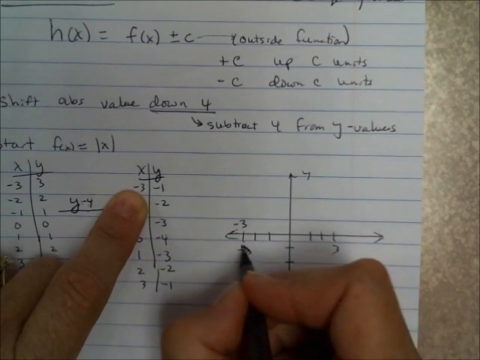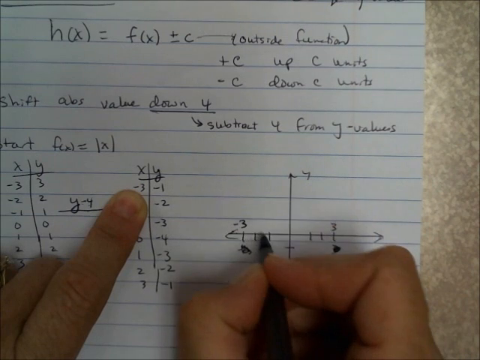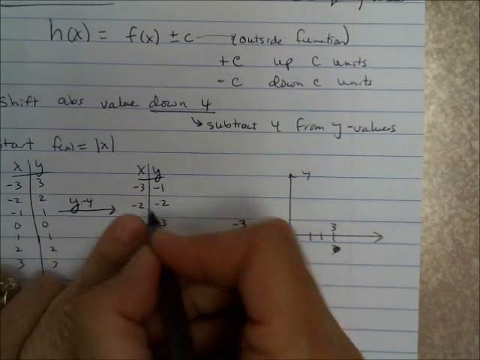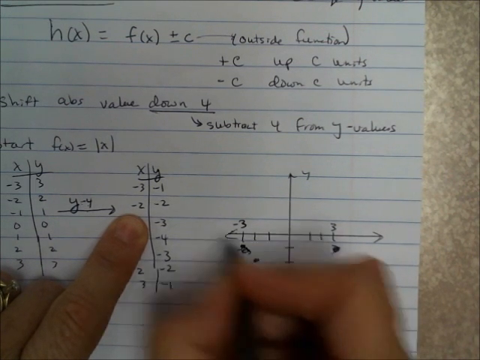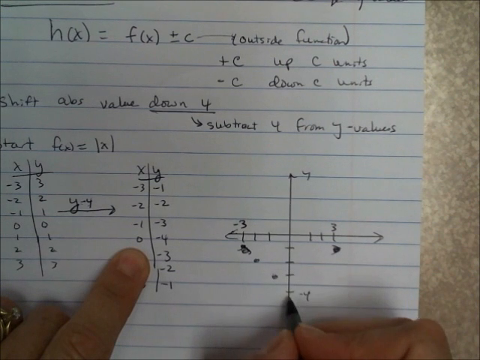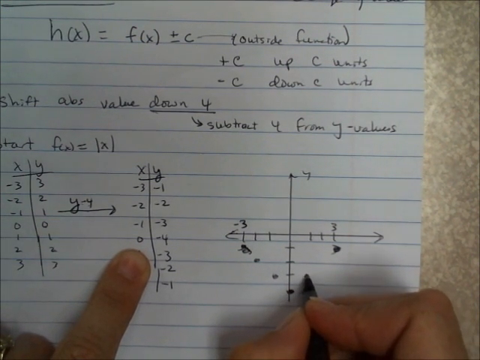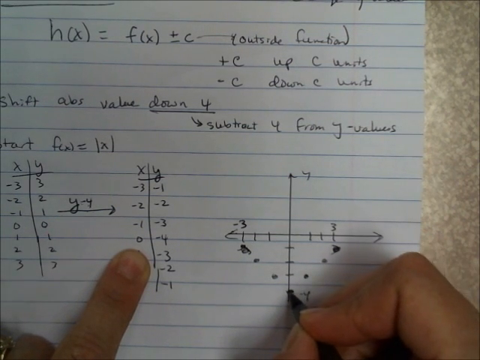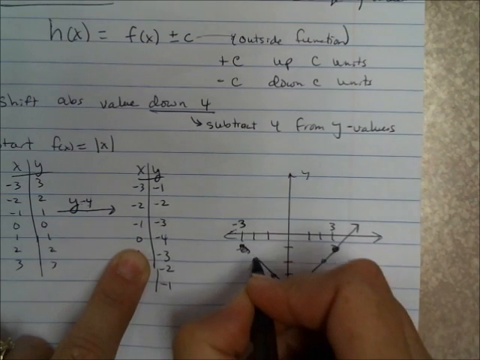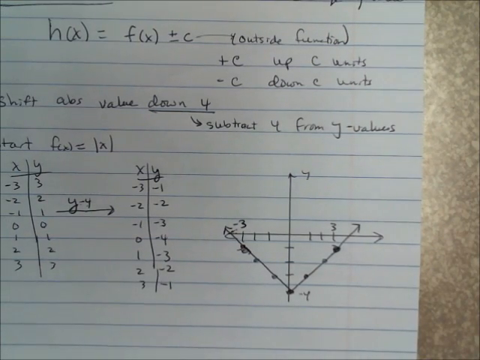I'll put those scales up here. So (-3, -1) is the first point. (-2, -2) is our second point. (-1, -3) is our third point. And (0, -4) is the y-intercept. And then we're just going to climb right back up the other side. And then we're going to connect these, and you can just keep on going. So this is our absolute value v that's been shifted down 4 units.